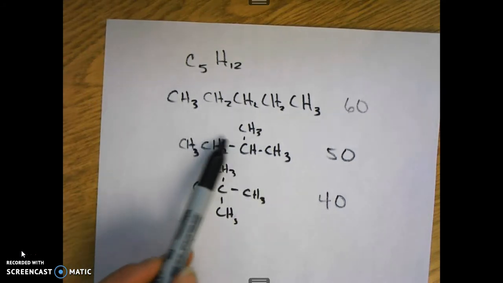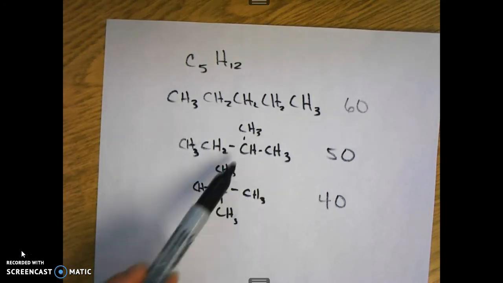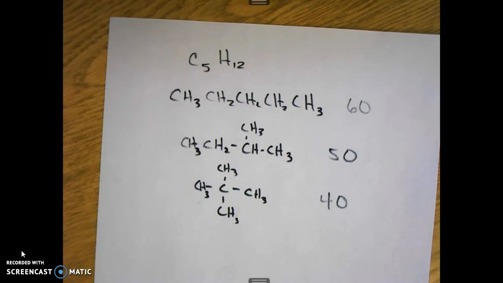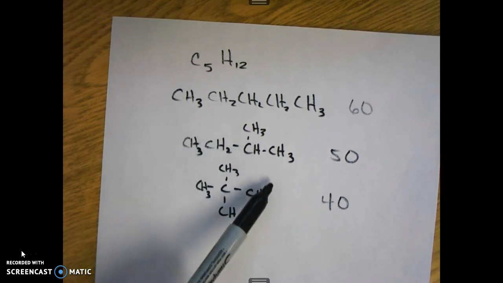If I have branches, the tangling capability decreases, so that lowers the amount of energy needed to separate things. So once again, two ideas come into play when you're looking at branches versus straight chains. You have more contact points and tangling possibilities in straight chains. Less tangling and fewer contact points the more branches you get.